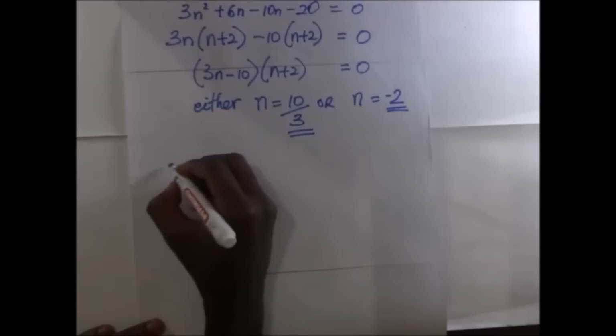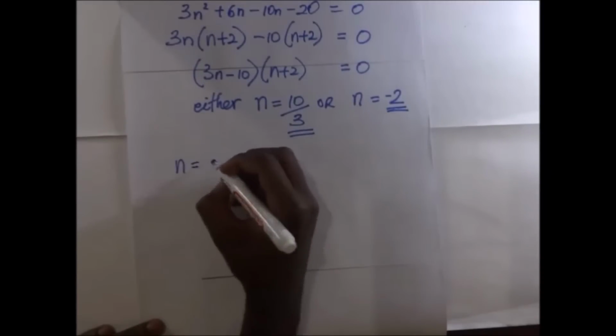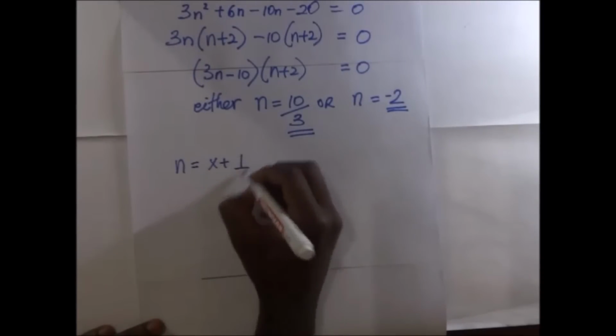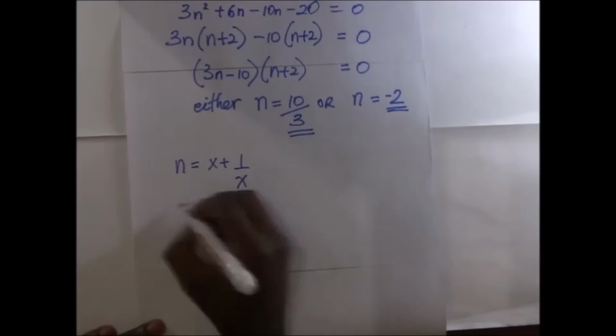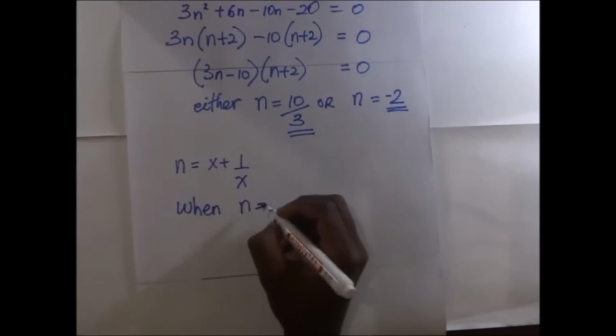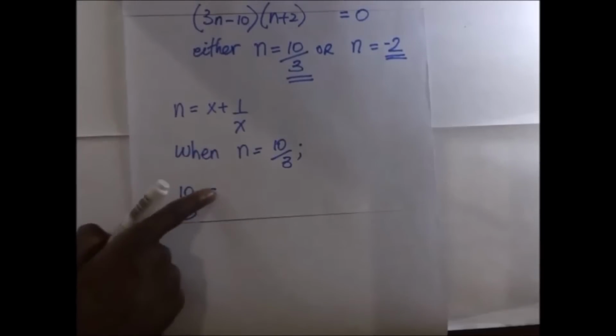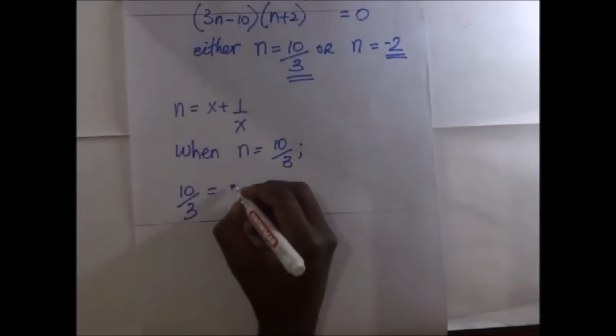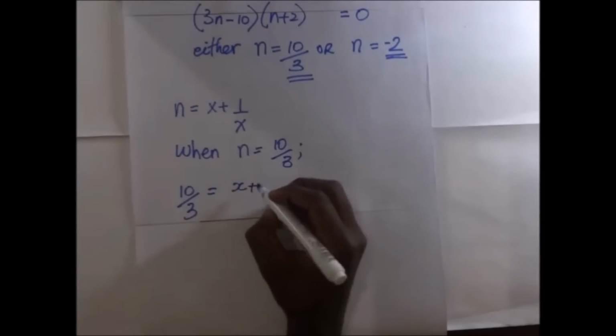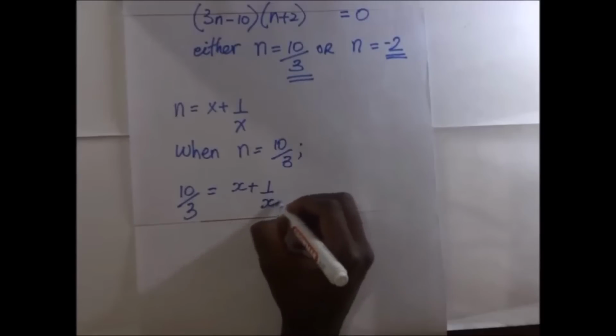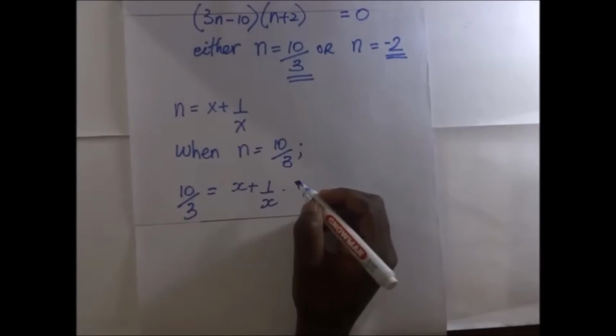From our previous workings, we know that n is going to be equal to x plus 1 over x. When n is 10 over 3, 10 over 3 is going to be equal to x plus 1 over x. So we solve for the value of x.